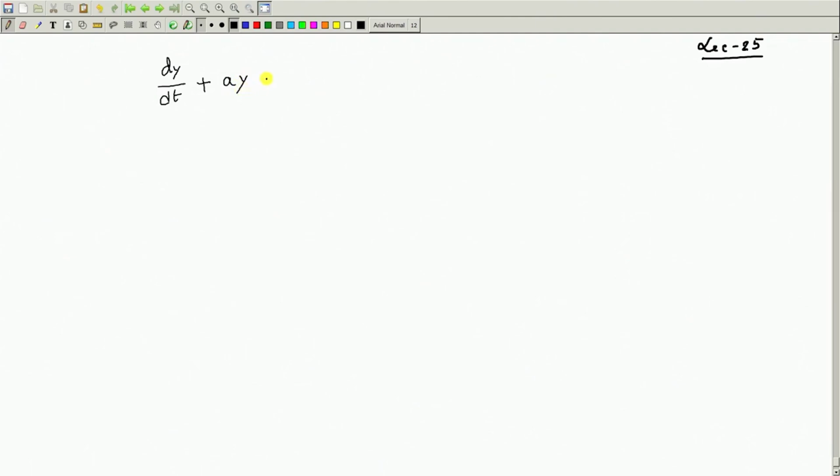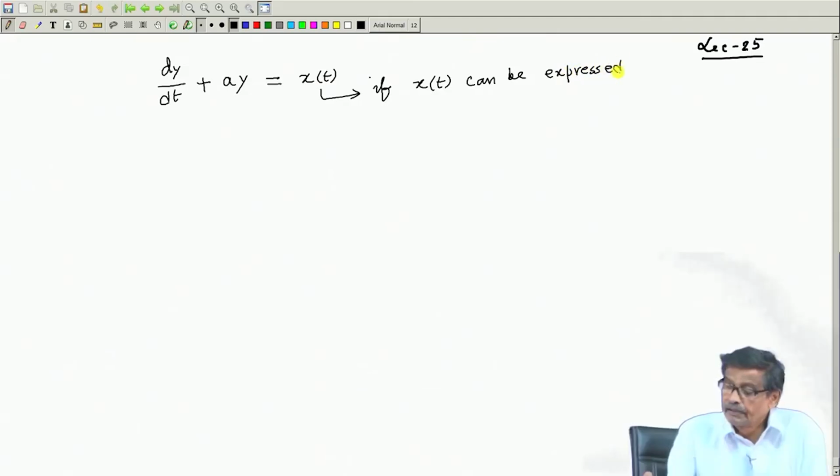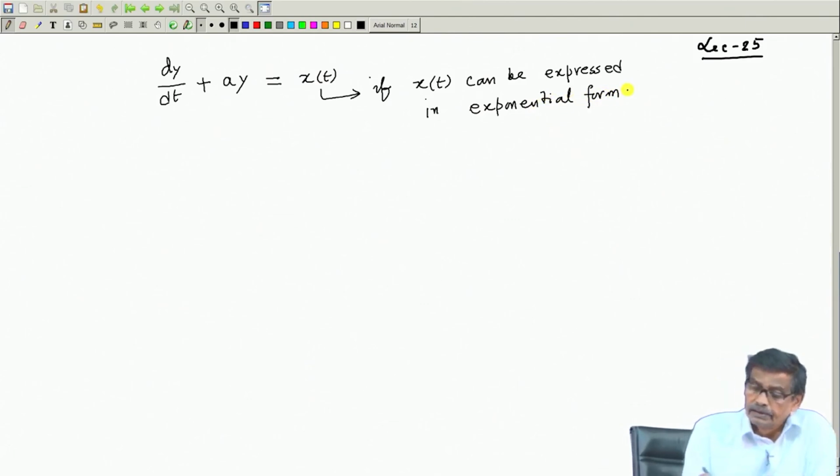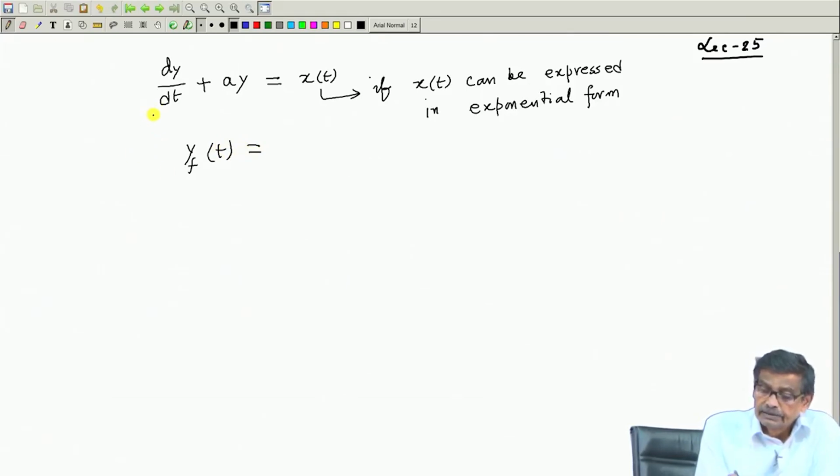If the forcing function x(t) can be expressed in exponential form, then the solution due to the forcing function can be straight away written, because this is the equation.